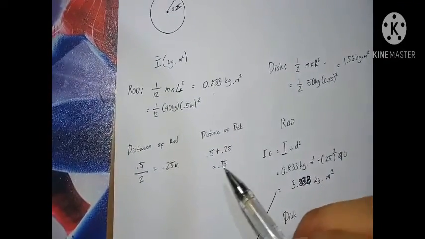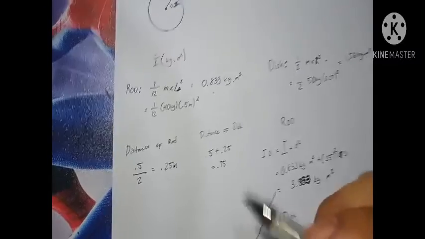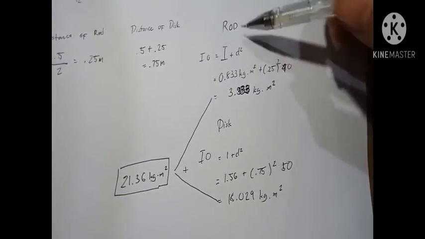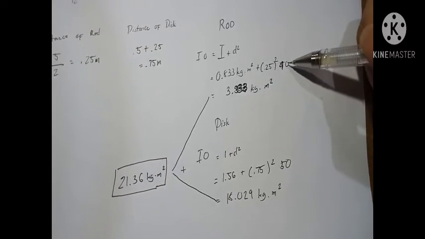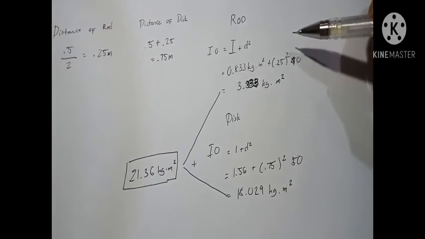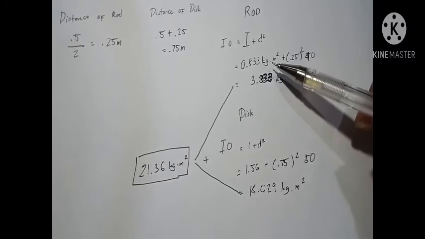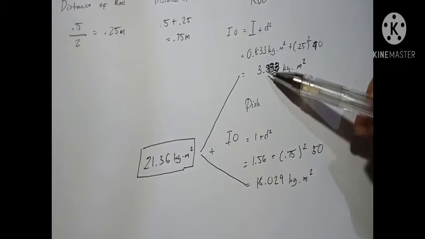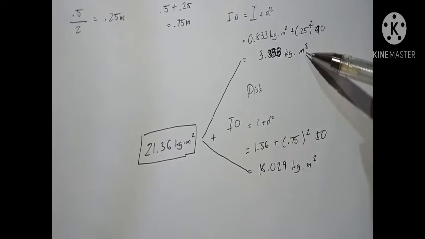And the distance of the disc will be 0.5 plus the 0.25, which is 0.75. For the rod, I will be 0.83 kilogram meter squared plus 0.25 squared times the 40 kilograms. The answer will be 0.25 squared times 40 plus 0.83, which is 3.33 kilogram meter squared.